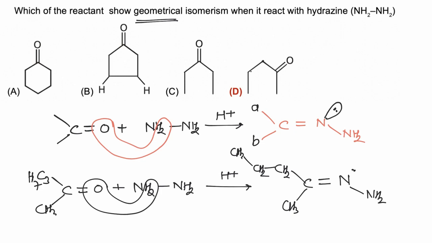Now these two are different, so this molecule will show GI, and hence the correct answer is D.